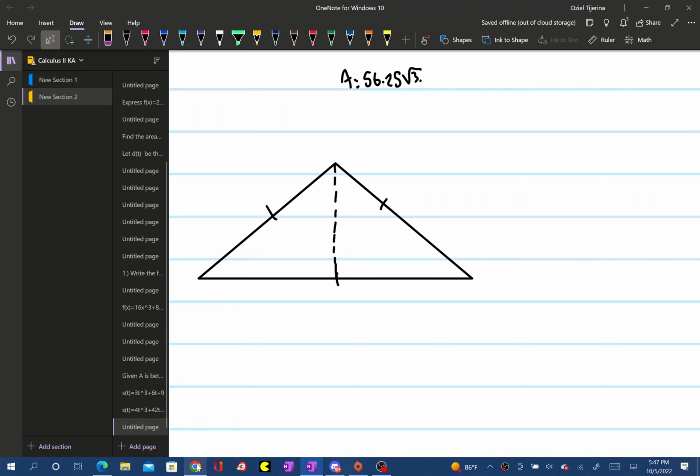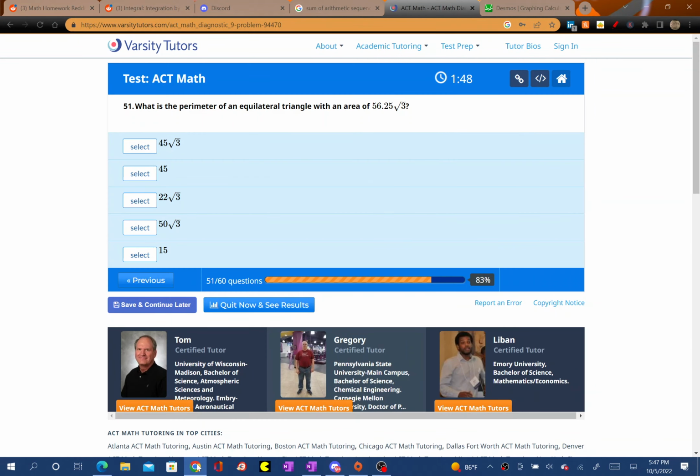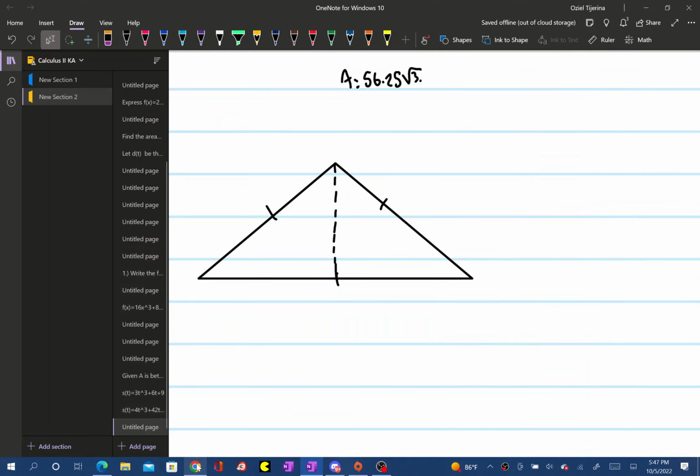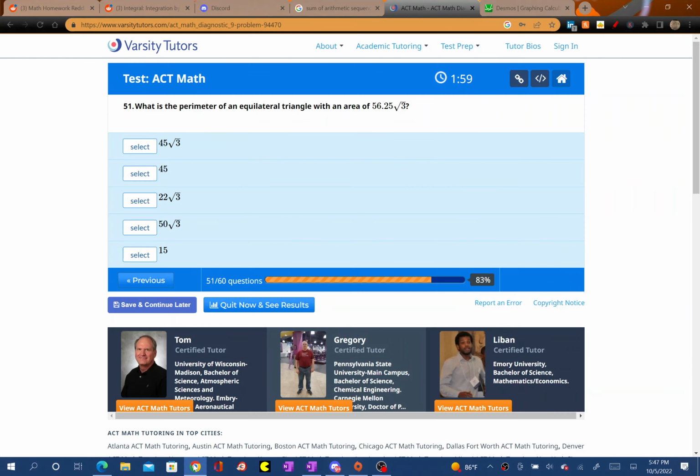Let's see. 1/2 base times height, and what is the perimeter of an equilateral triangle with an area of 56.25 square root 3?